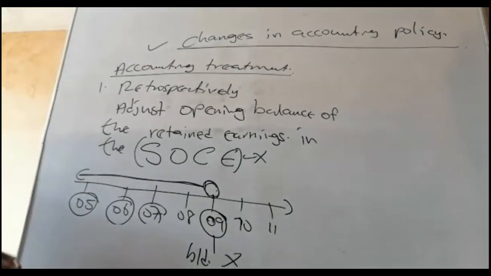Put the cumulative effect together and apply it on the opening balance of the retained earnings, and then you are fine. That is the retrospective application that we are talking about.